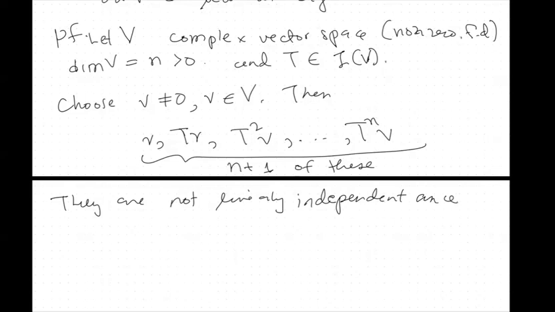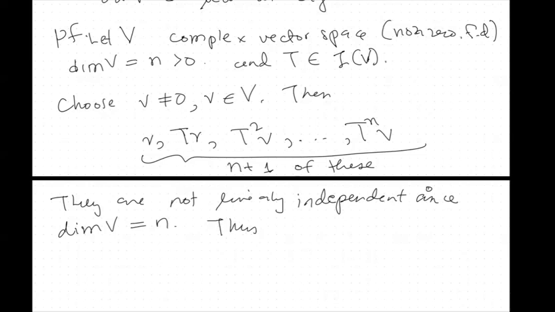Since the dimension of our V is equal to n, and there are more than n vectors, thus we can express 0.